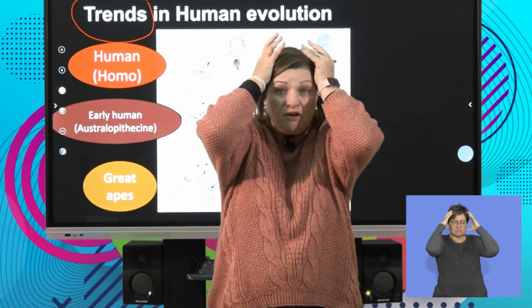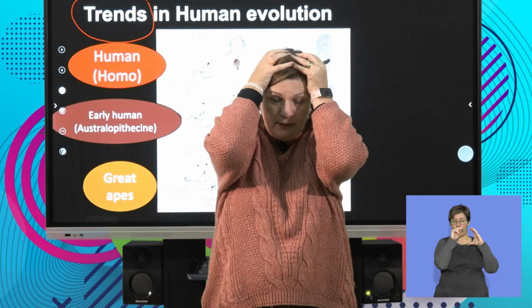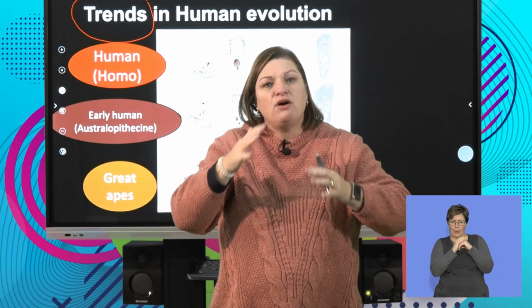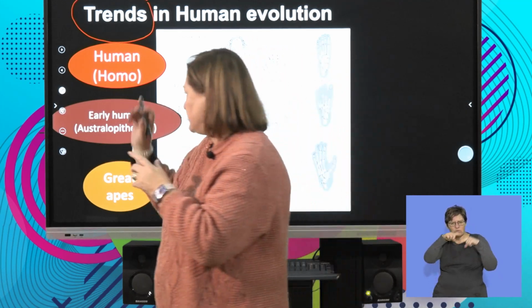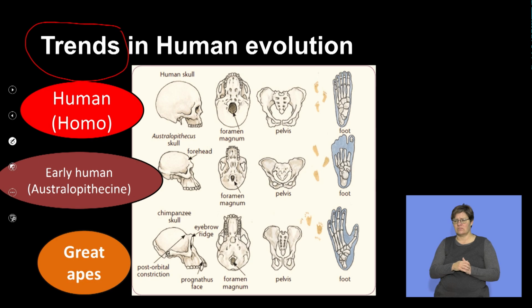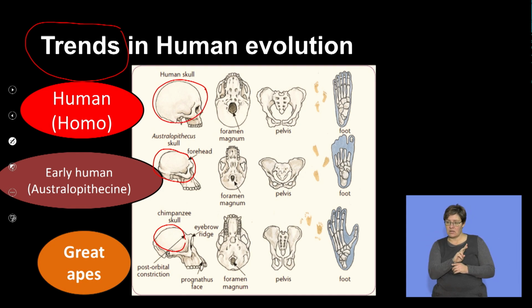They've got a very small cranium. And what did we notice over time, the trend? Have a look here. Look at the cranium. What does it start to do? It starts to get bigger. So the trend is, what are we starting to see? A bigger cranium, not a bigger skull necessarily.